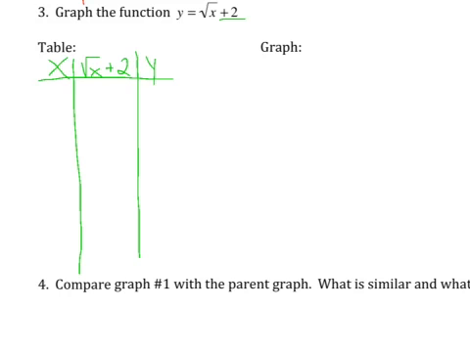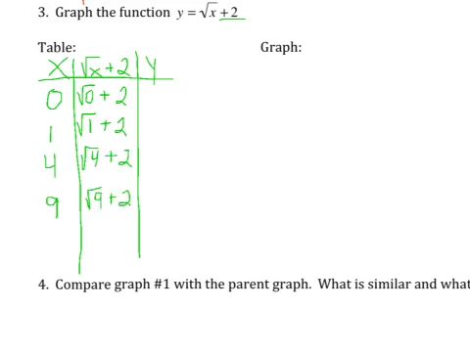And again, we want to plug in the same numbers for x, 0, 1, 4, and 9, because those are very easy to take the square root of. So we have the square root of 0 plus 2, the square root of 1 plus 2, the square root of 4 plus 2, and the square root of 9 plus 2.